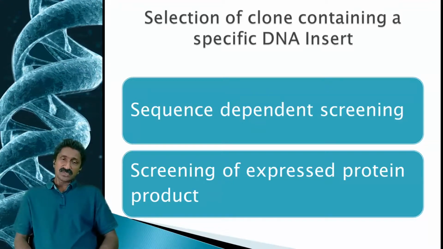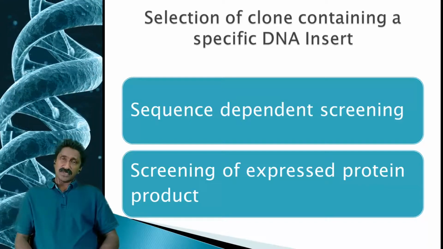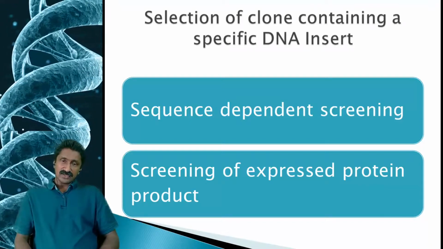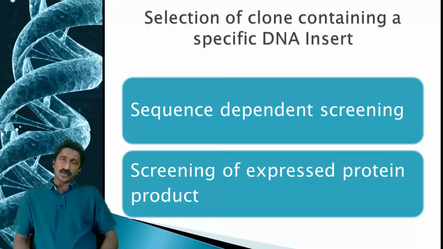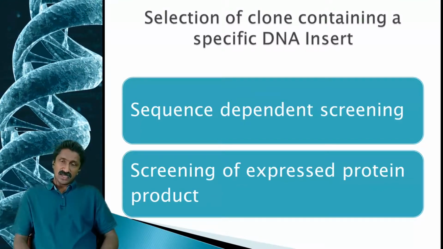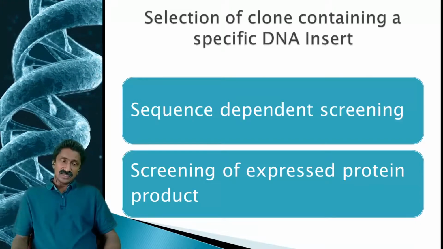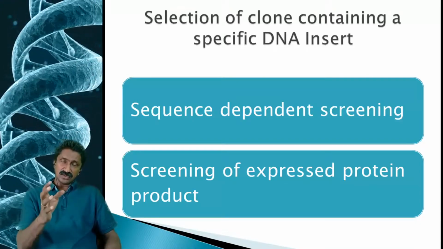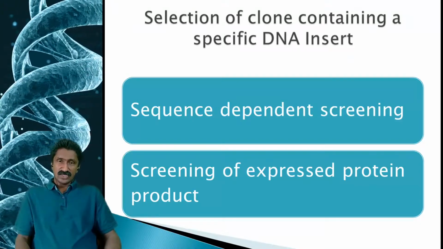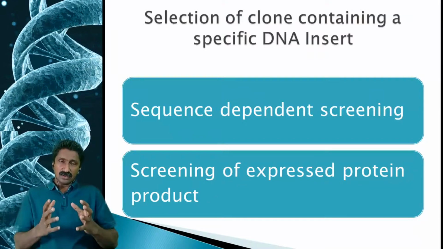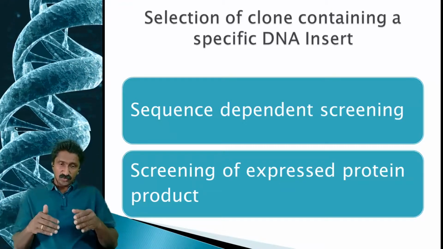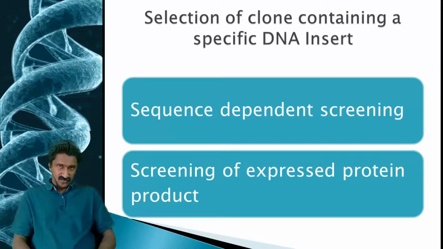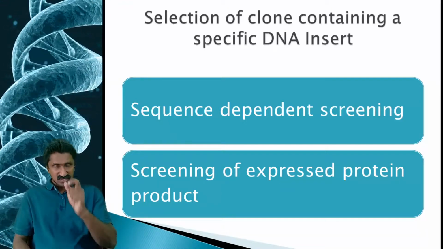So there comes the importance of sequence-dependent screening, and you also require screening of expressed protein products, because our target is cloning of a specific gene with a specific product. We are not looking for clones incorporated with any DNA. We are looking for clones with a specific DNA.